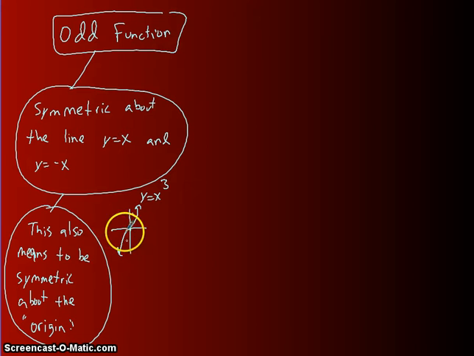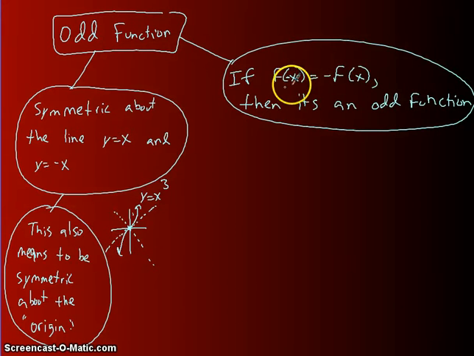It's kind of squiggly, but if you graph the line y equals x and the line y equals negative x, you would see that if you fold the graph down along both of those simultaneously, or either one of those, you should see that they lie on top of each other. It should be an odd function.